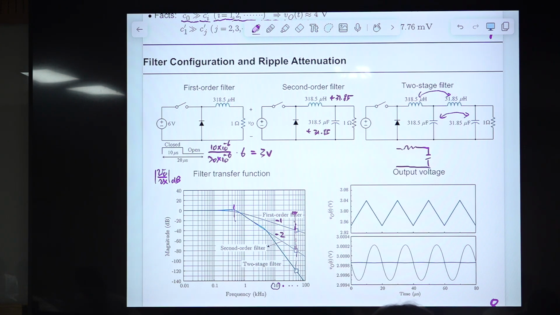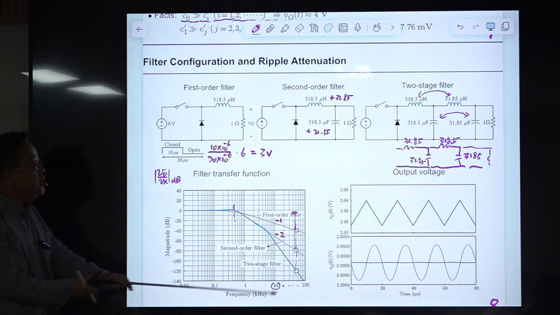Suppose you change your configuration like this. The smaller one is coming in front. This is the same number. And the larger one is coming later. Then this will remain the same.